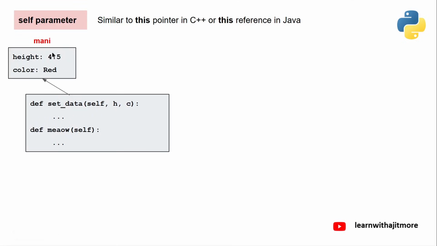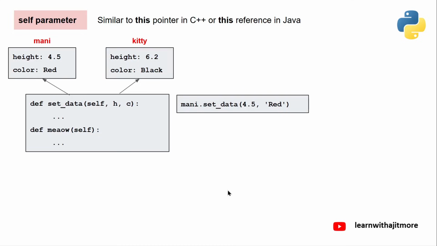So here, Money has its data, Kitty has its data, but the methods are only once. They know which memory to access on the basis of self.